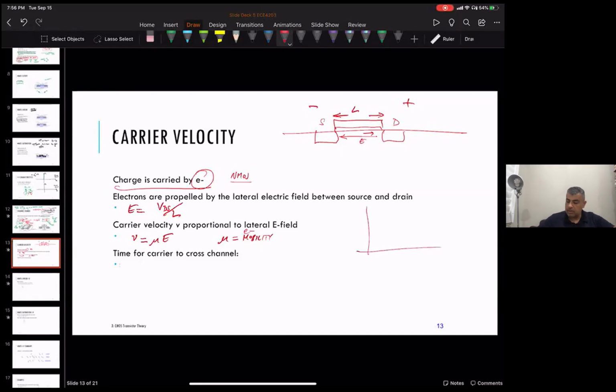If you had an electric field, you had velocity there. As the electric field increases, your velocity goes up, and the slope is this mobility, mu. Later on we'll talk about how this flattens out, but for the time being we're just assuming it's linearly related.